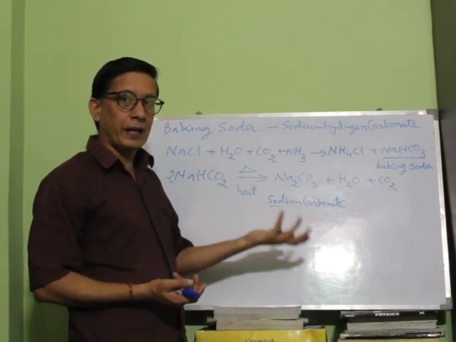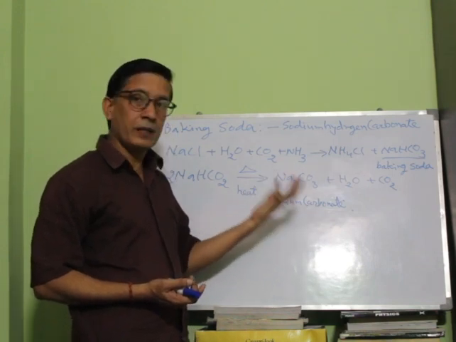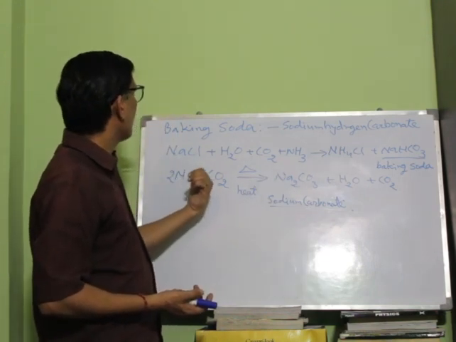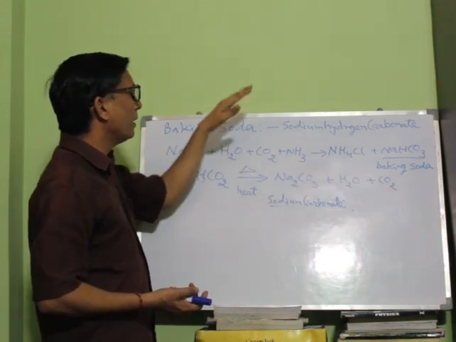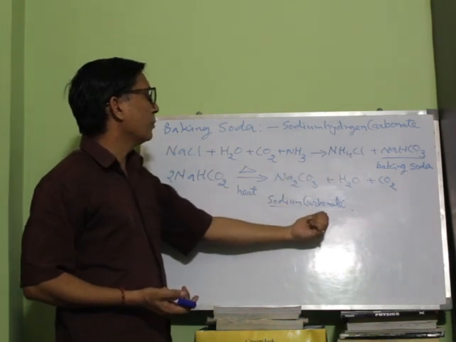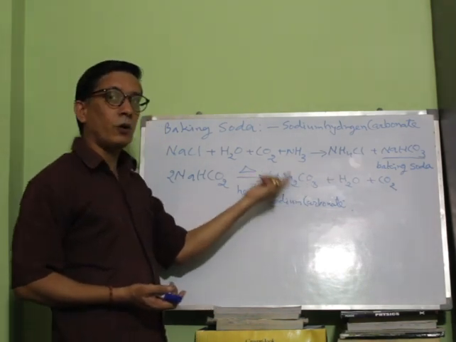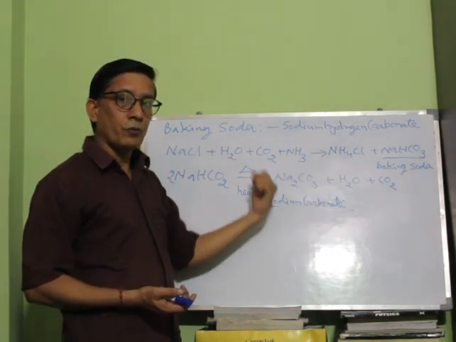So baking soda is used in making bread, biscuits, cake and in baking industries, and it also forms Na2CO3, sodium carbonate. This sodium carbonate also helps to form washing soda.